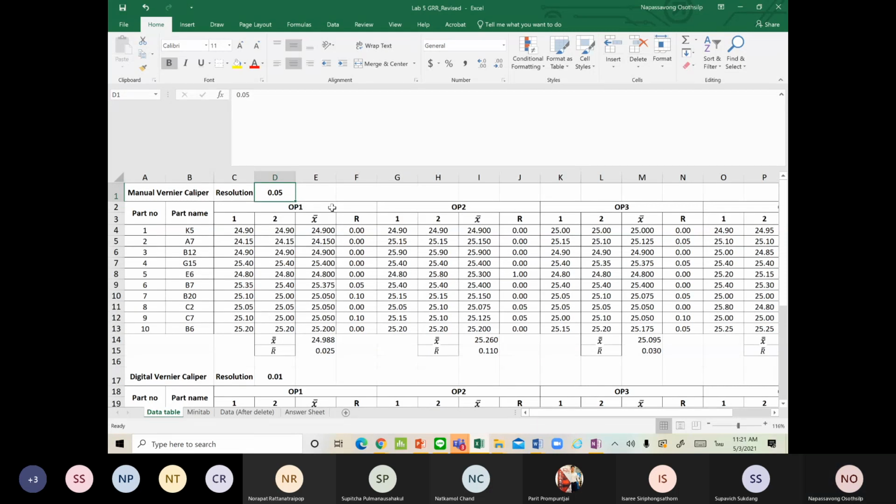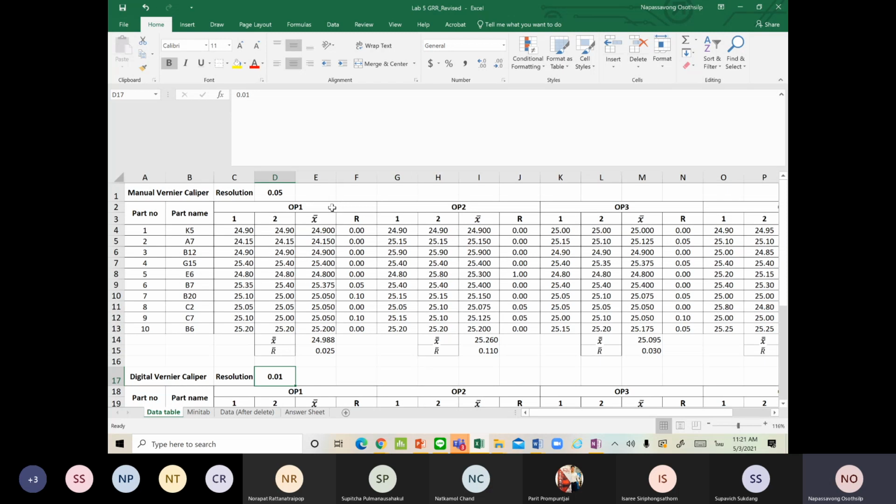We also have another vernier, which is called the digital vernier. The digital one will give you the number on the screen so that you don't have to read it on the scale by yourself. You just look at the number on the screen, and the resolution is better, a higher resolution of 0.01.